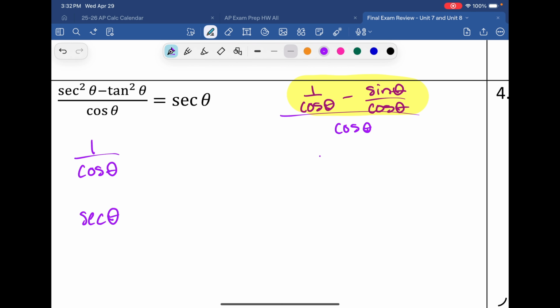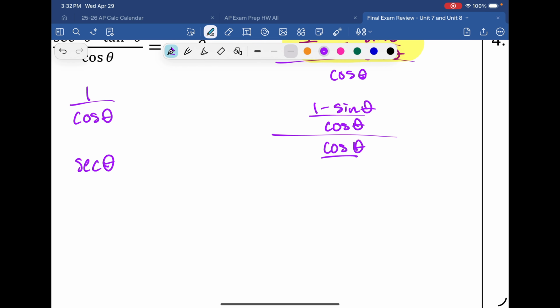So I have 1 minus sine theta over cosine theta, over cosine theta multiplied by the reciprocal.